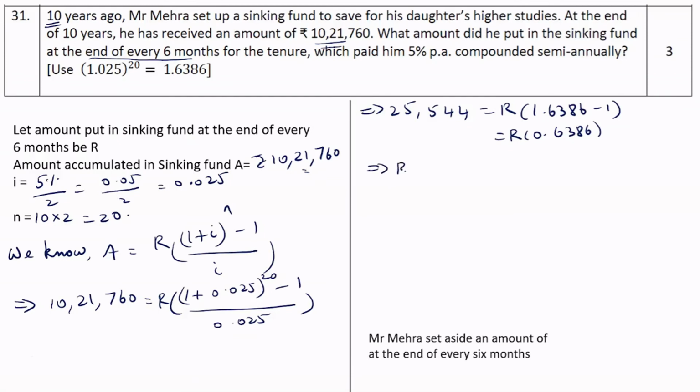So from this we get R is equal to 25,544 divided by 0.6386. Now if we remove the decimal point, we divide 25,544,00,00 by 6386. Here 6 4s are 24, so let us try 4.